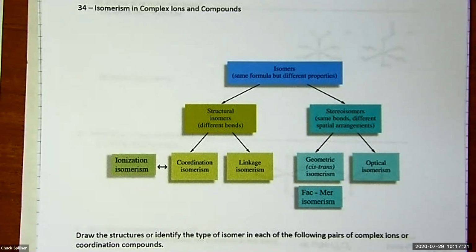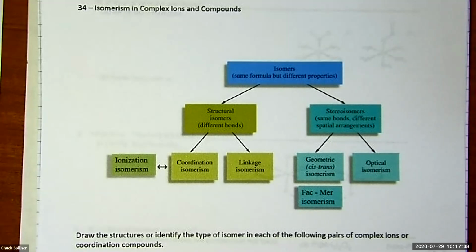It's worksheet 34. This is a concept map of what isomers are and what kinds of isomers there are in complex ions. We'll be doing this at the end.